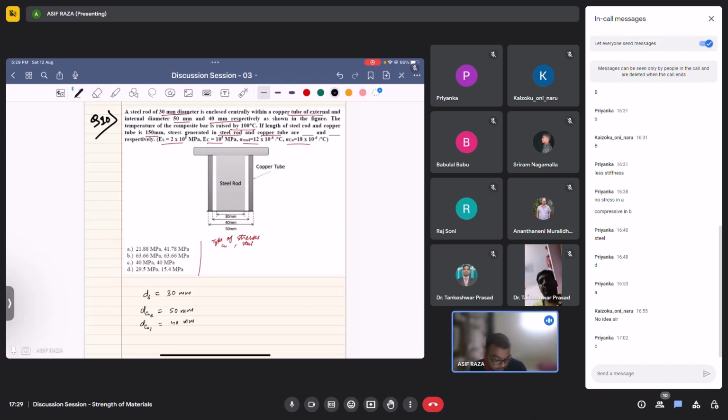If I ask you what would be the area of the copper, it would be equal to pi by 4 times d copper external square minus d copper internal square.